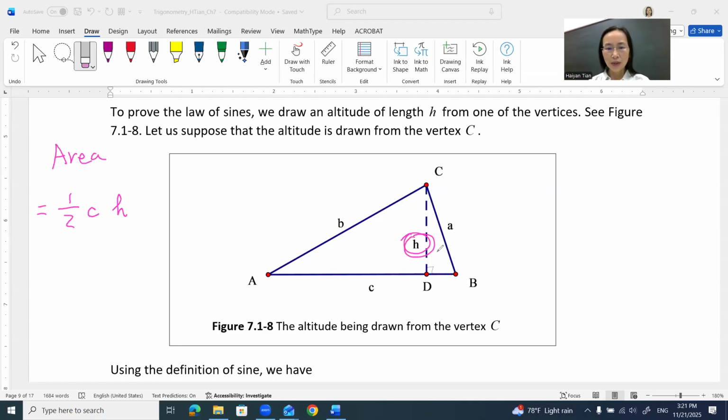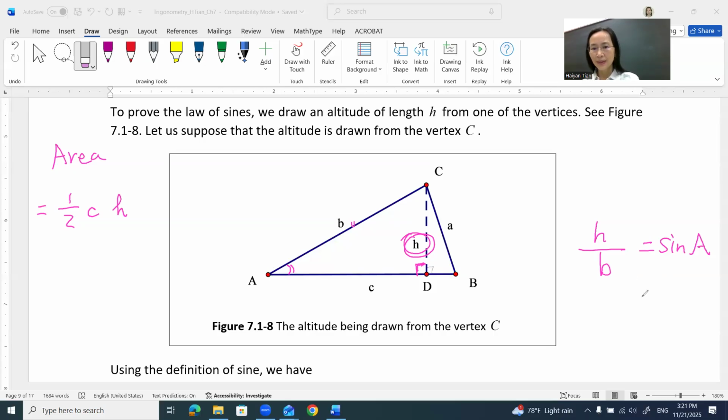Let's relate h and b. h over b, where b is the hypotenuse in this right triangle, is sine A. That is, h, the side opposite A, over b, the hypotenuse, is equal to sine A. So in this right triangle, I just use the height and divide the triangle into two parts. There's one right triangle.